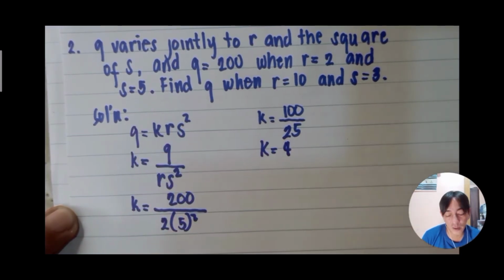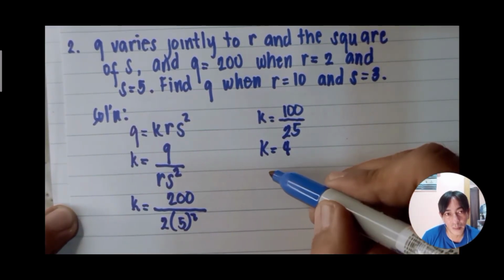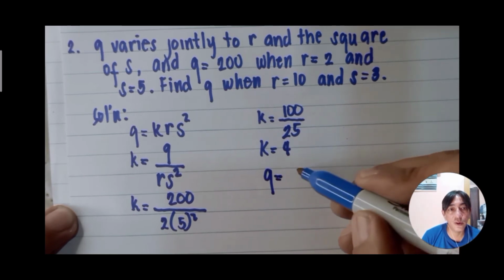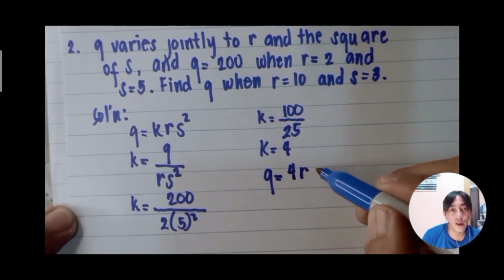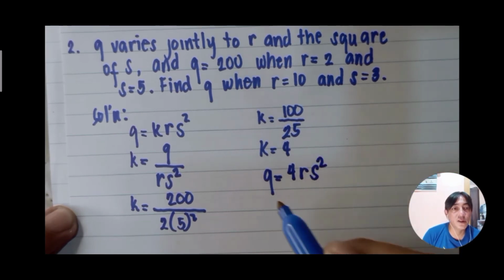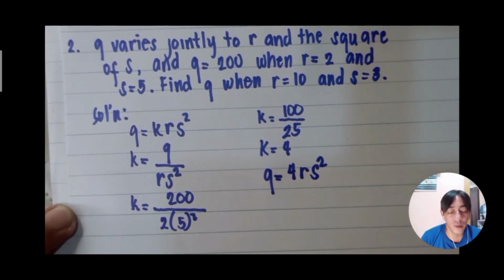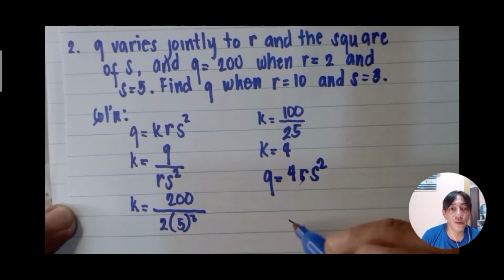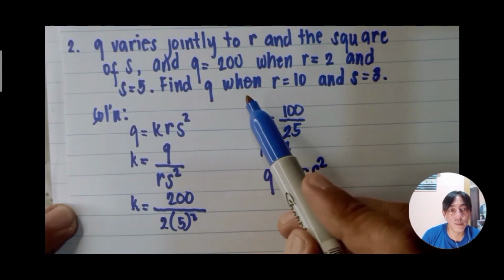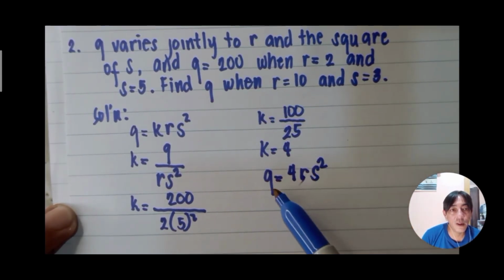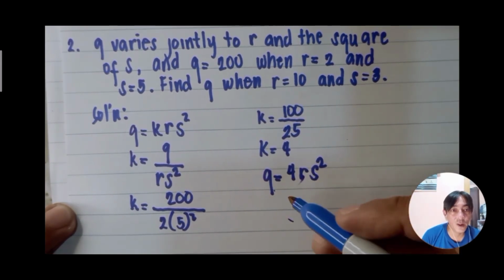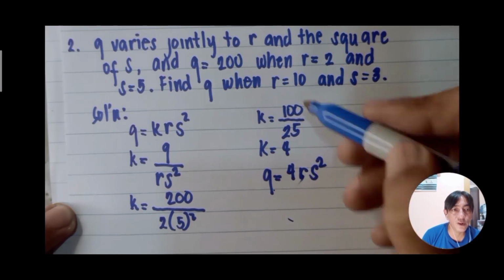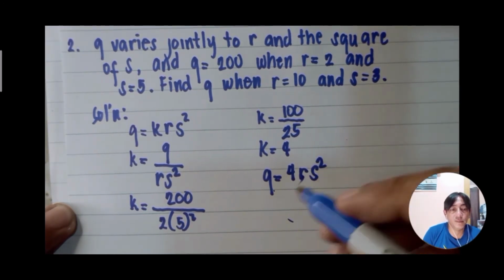So substitute natin yan dun sa mathematical equation para makuha natin yung equation of variation. So q now will be 4 r s squared. So yan na ngayon yung ating equation of variation. So ang hinahanap sa problem is q kapag ang r daw ay 10 and s equal to 3. So hindi na natin kailangang magderive pa ng formula, yung equation of variation na mismo gagamitin natin.